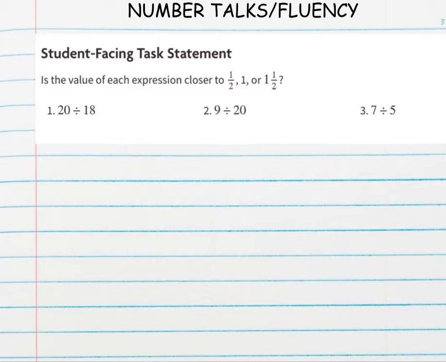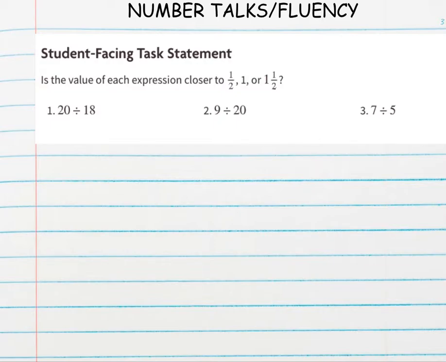Now, number 3, 7 divided by 5. My numerator is larger than my denominator, so I know that it's going to be greater than 1. Now, is it closer to 1 or closer to 1.5?